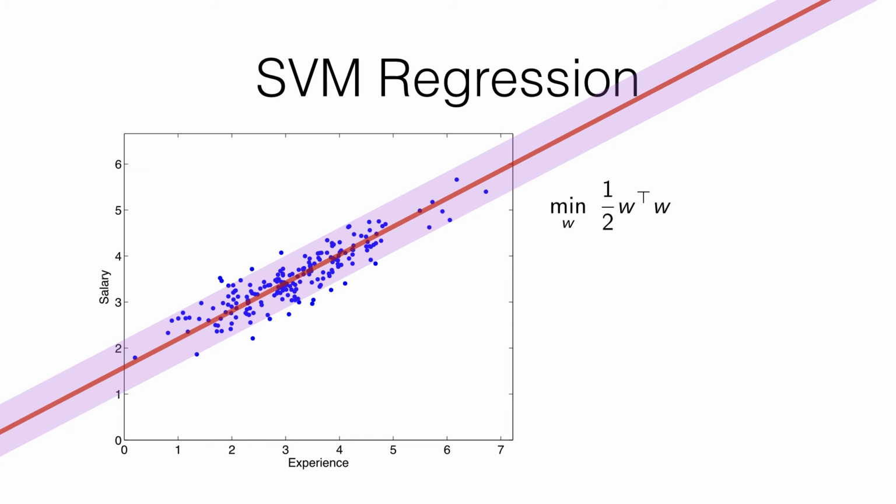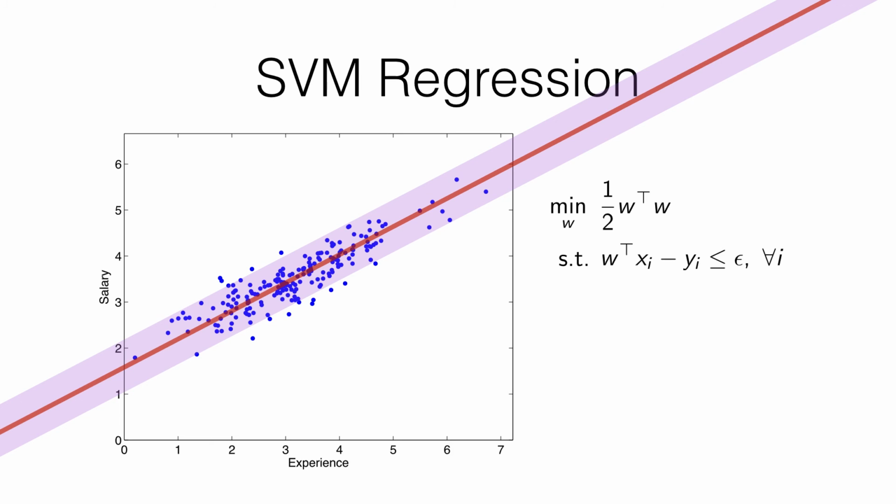You minimize the squared norm of the weight vector, w multiplied by itself, subject to certain constraints. The constraints will look kind of familiar, and you can probably reason through what exactly they're doing.